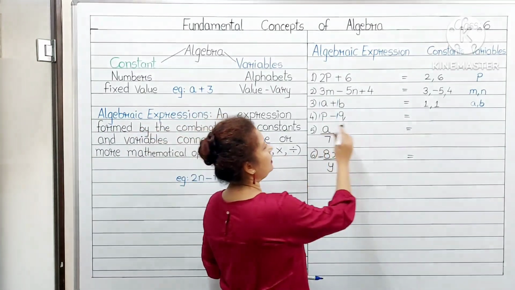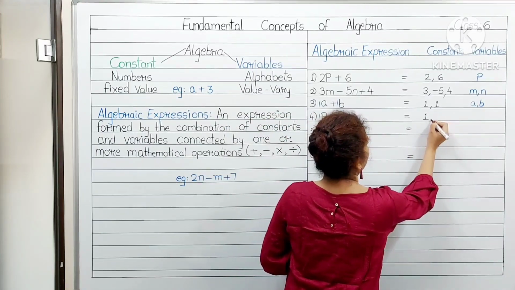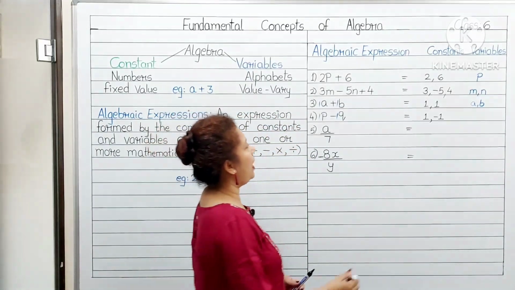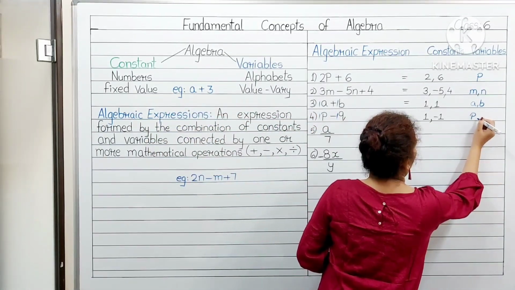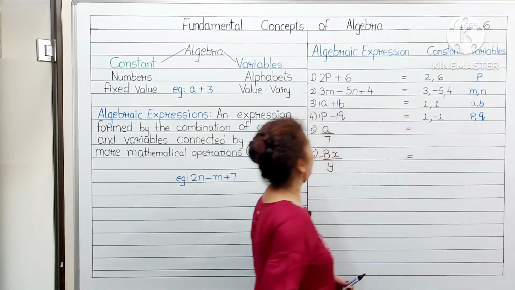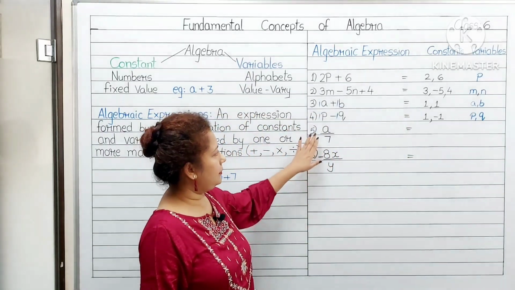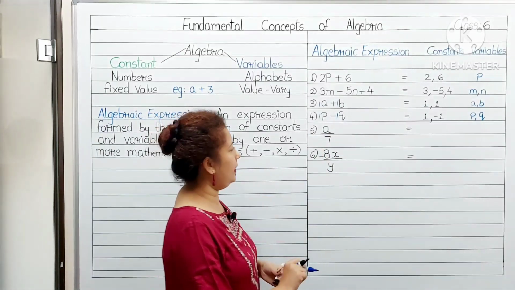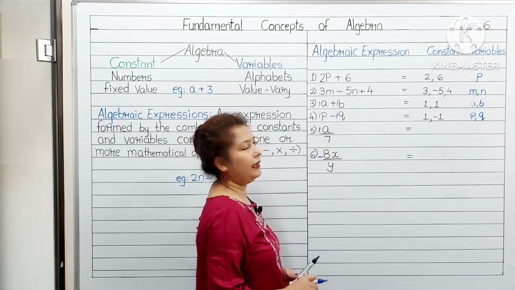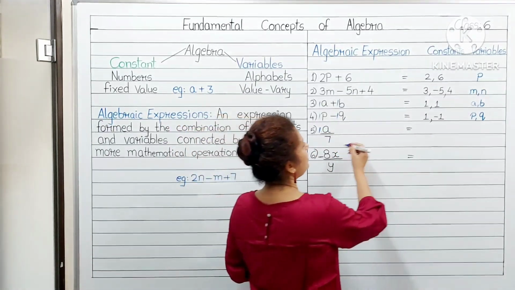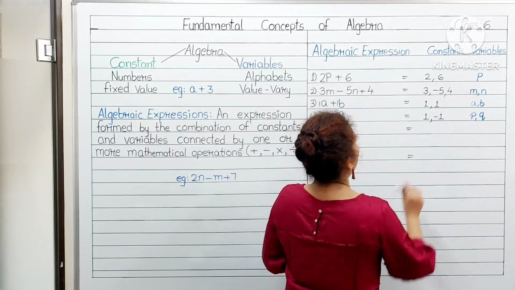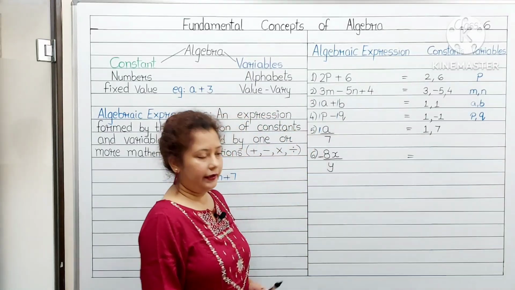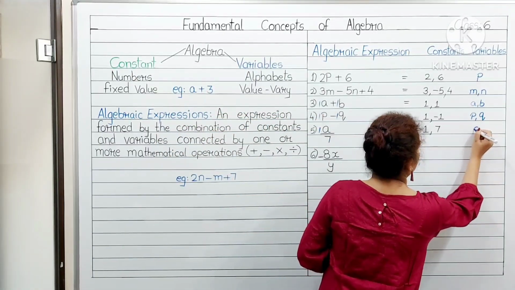So here the constants will be 1 and minus 1 and variables are p and q. Next algebraic expression given to us is a upon 7. So here a is there, that means it is 1a. So the constants in this algebraic expression are 1 and 7, and variable is only one, that is a.